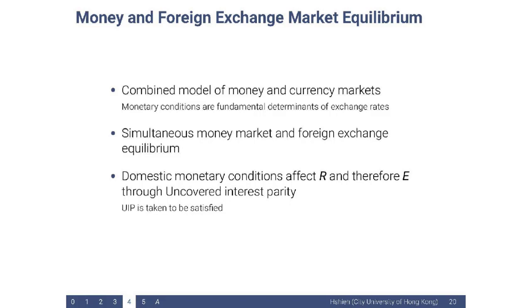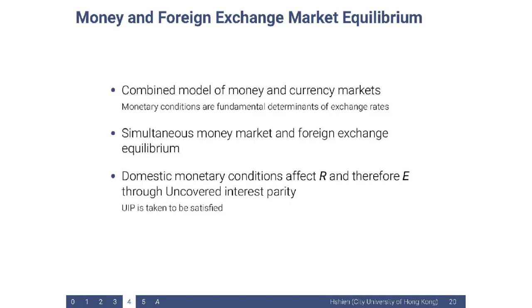Now let us go ahead and combine the money market graph with the FX market graph as represented by UIP. As a reminder, we are going to just assume that UIP is true. The assumptions are true, and therefore UIP must hold. Again, that means that whenever there's a violation, it will be quickly restored by carry traders buying or selling certain currencies that restores parity to UIP.